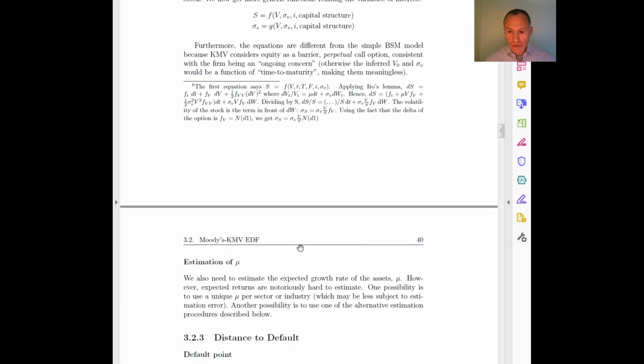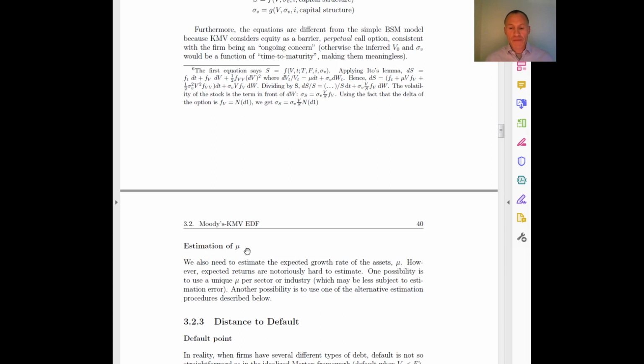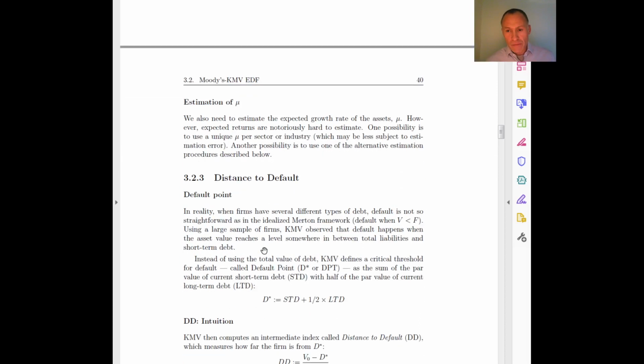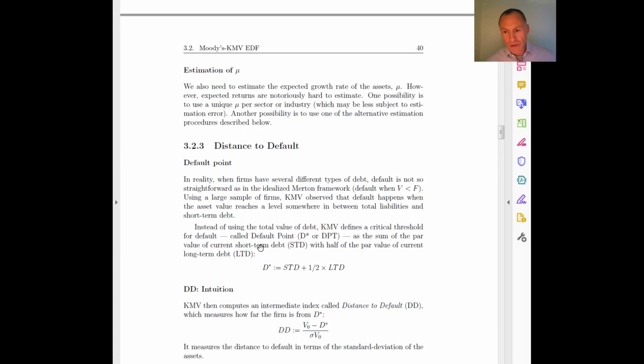Actually, we have a third parameter to estimate. Recall that in the process of the assets, we also have a drift, a mu, and we also have to come up with a value for that. Unfortunately, means are very hard to estimate, so there is not a very good solution to get this mu. There are some alternatives that we can use.